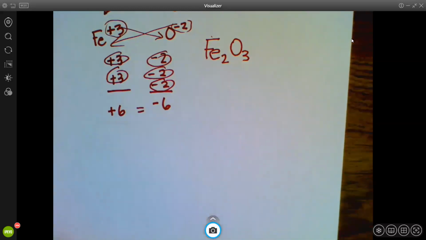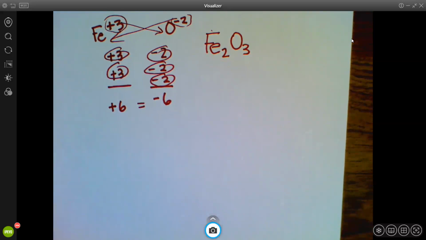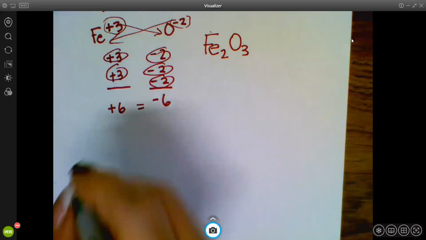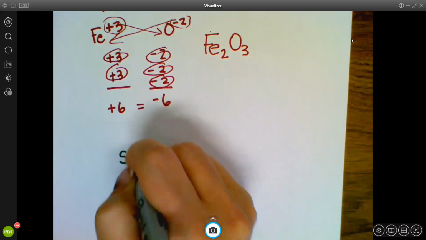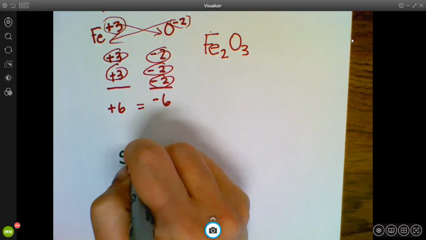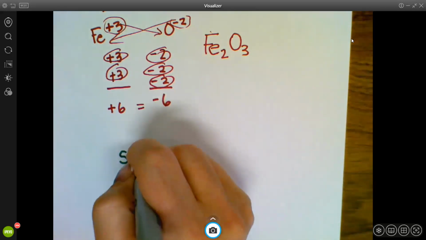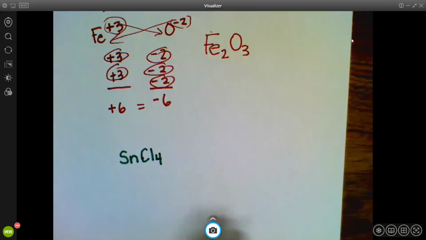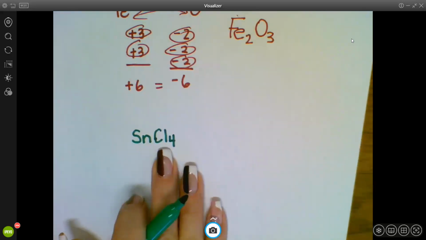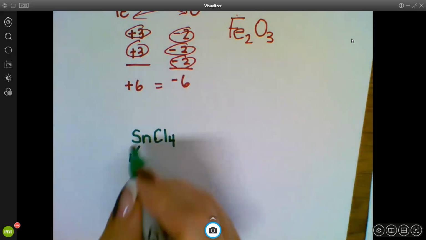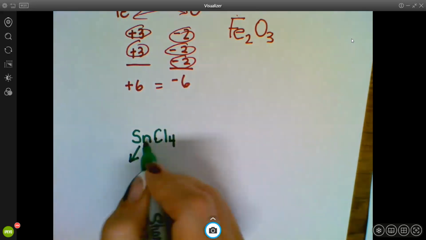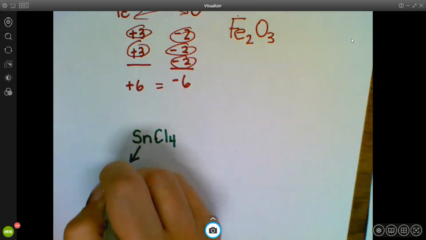Now, how do you actually write the name if you have a formula? So let's look at a different example. All right, SnCl4. If I saw this, the first thing I would do is look to see what is the name of the element with the formula Sn, and that is tin.